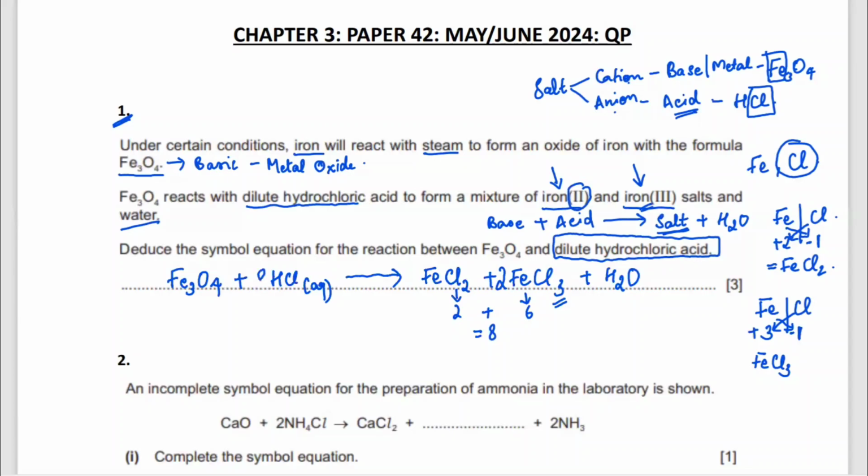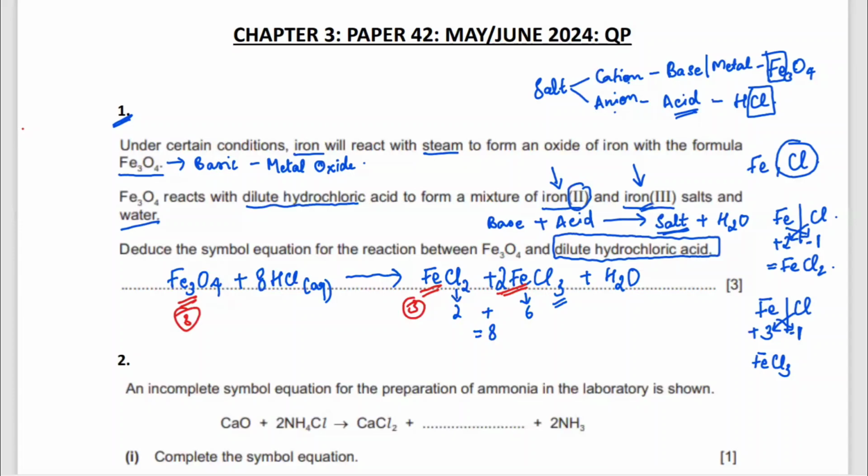So we multiply HCl with 8 so that the total number of chlorine atoms becomes 8. Now, the number of iron atoms is 2 into 1 over here plus 1, that is totally 3 in the RHS and 3 in the LHS. So iron is balanced and chlorine is also balanced.